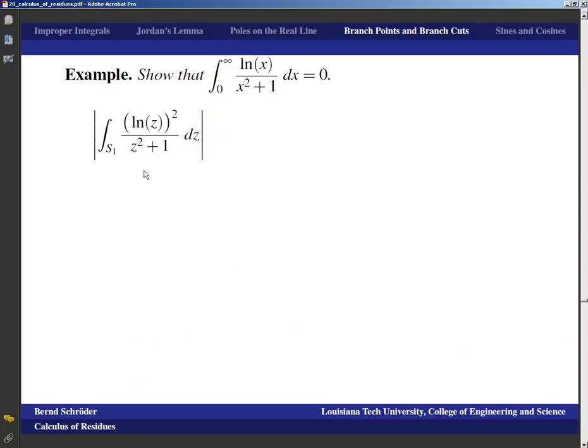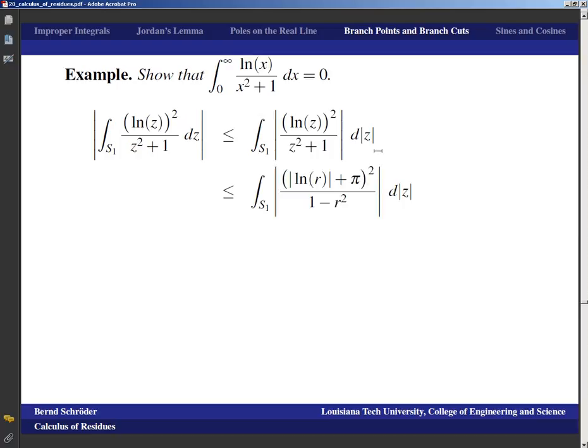Okay, so now we need to figure out what happens along those circles. Let's first look at the small circle S1. Take the absolute value, and we do the usual thing, the triangle inequality. We pull the absolute value inside and integrate against the arc length. On this circle, the absolute value of z is r. That means that this will be ln r plus some number between 0 and pi in the imaginary part, and so that's definitely smaller than the absolute value of ln r plus pi.